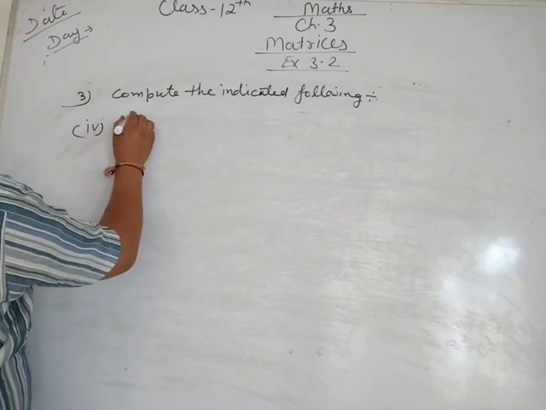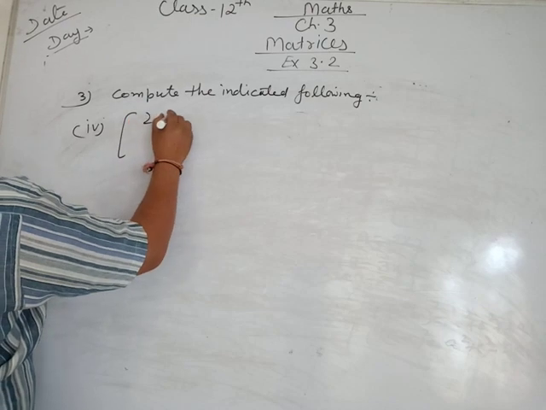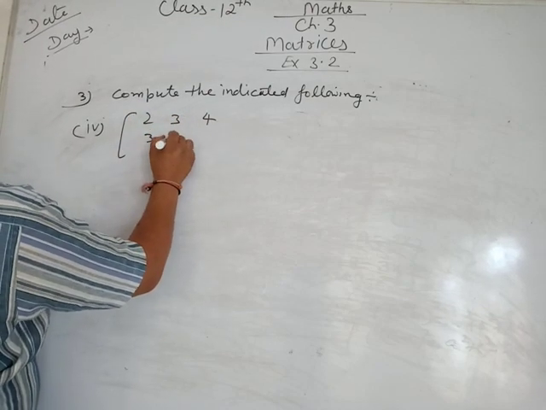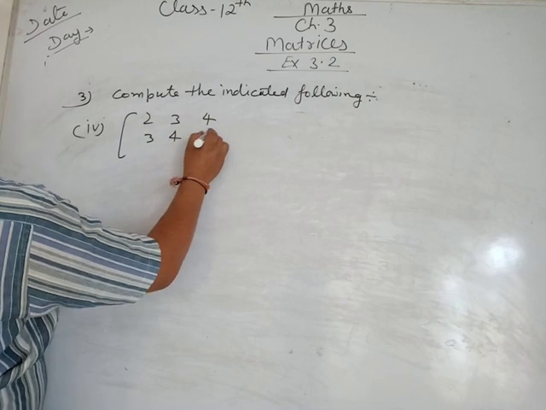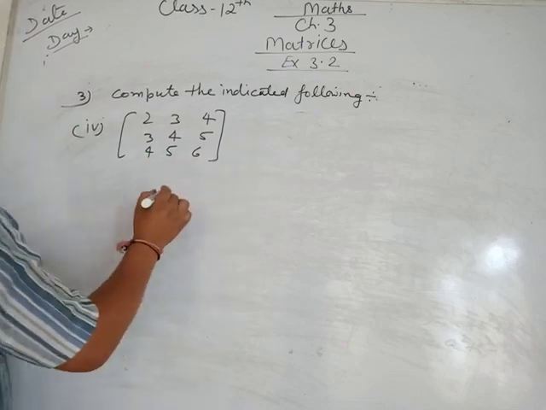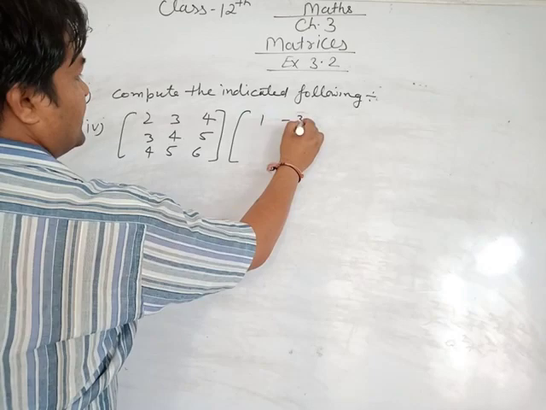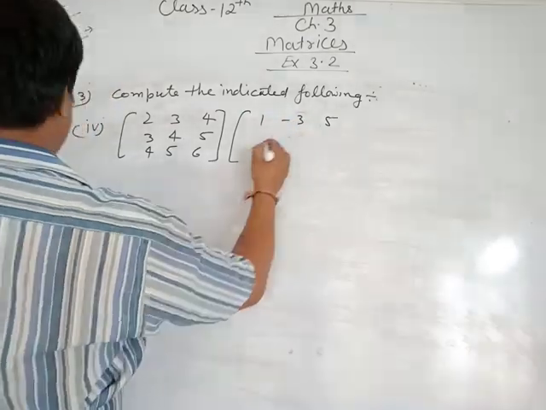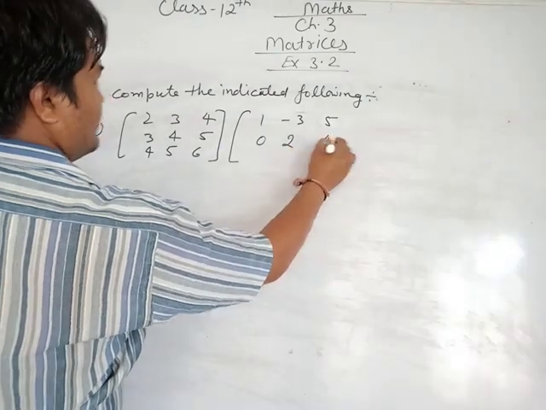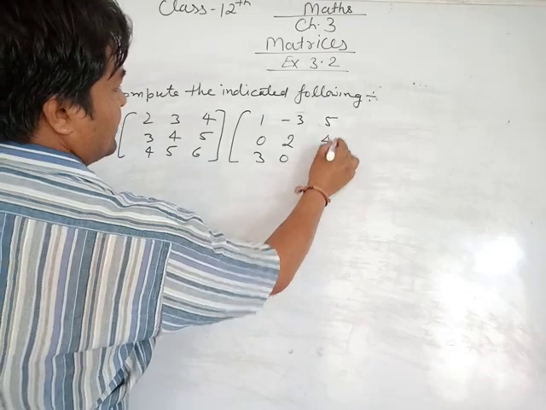The 4th part is 3, 2, 3, 4, 3, 4, 5, 4, 5, 6. The second matrix is 1, minus 3, 5, 0, 2, 4, 3, 0 and 5.